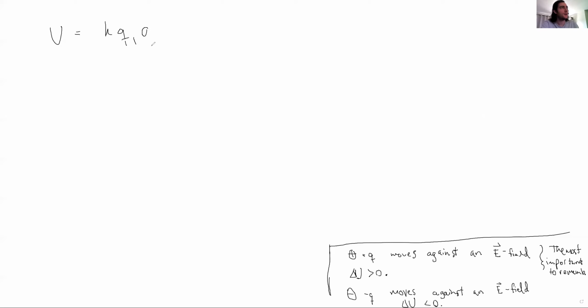K Q1 Q2 over R, and actually we're going to call this R12. This is the distance between R1 and R2, where U equals, well, that's supposed to be a U, not a V, where U equals 0 for R tending to infinity.